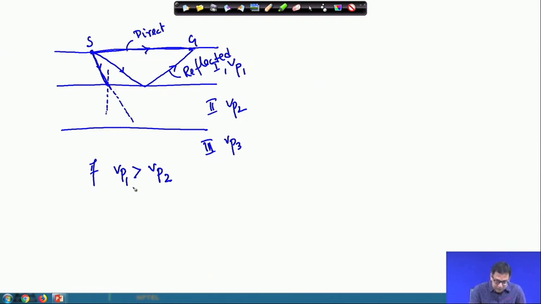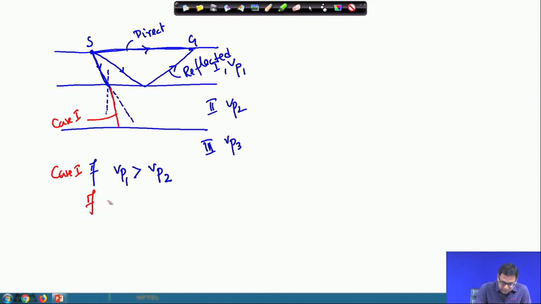If Vp1 is equal to Vp2, then this will be the possible path of the refracted wave. This is case 1.